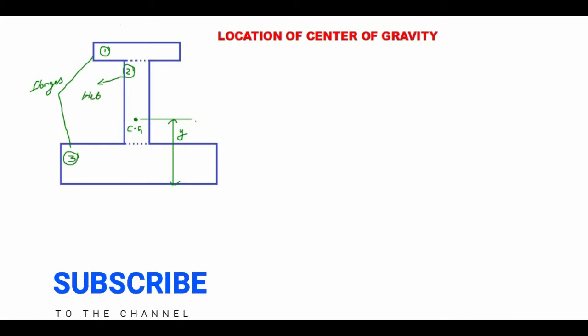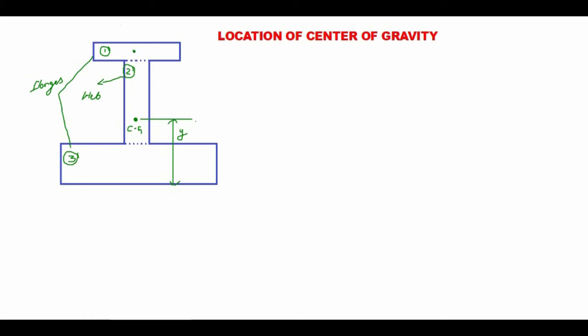If you consider them as individual parts, they have certain areas and their own centers of gravity, CG1, CG2 for the web, and CG3 for the lower flange.